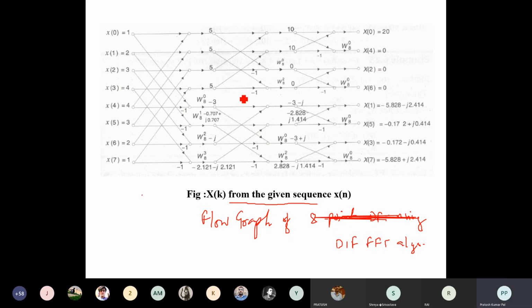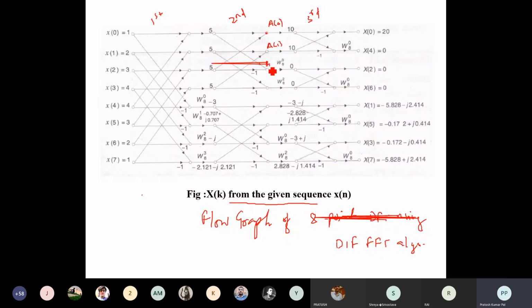Okay, so once we have calculated the first stage, this is the first stage, this one the second stage, and this is the third stage. In the second stage, two combinations will be taken. So these two combinations, this value will be A0 and this is A1.